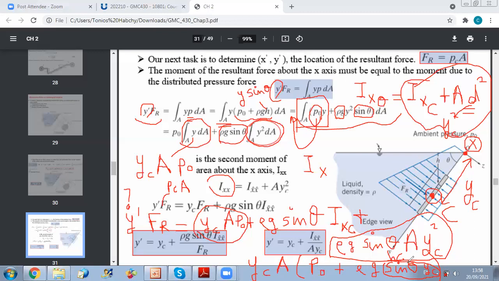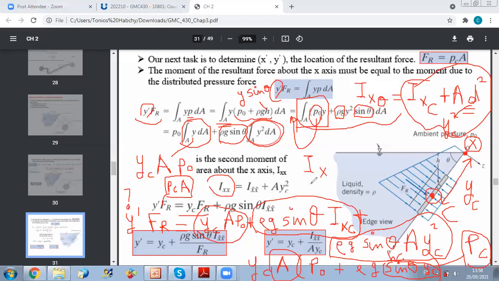P0 plus rho g hC will give you pressure at center C. And when you multiply the pressure at center C by the area A, this will give you FR, because we have seen that FR is PC times A. So now I can say that Y prime FR can be replaced by YC times FR plus the remaining term here, which is rho g sine theta times inertia about the x-axis passing by C.